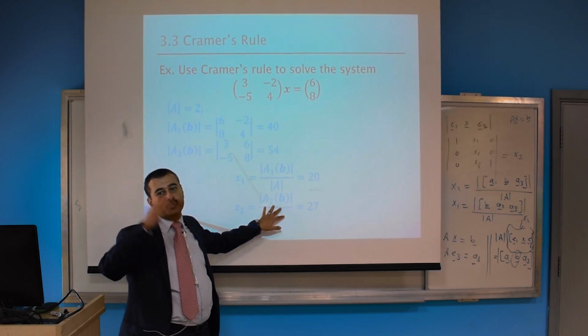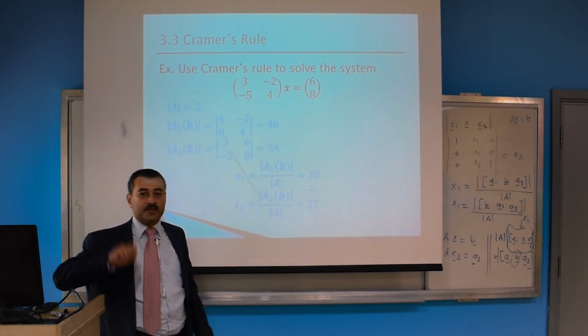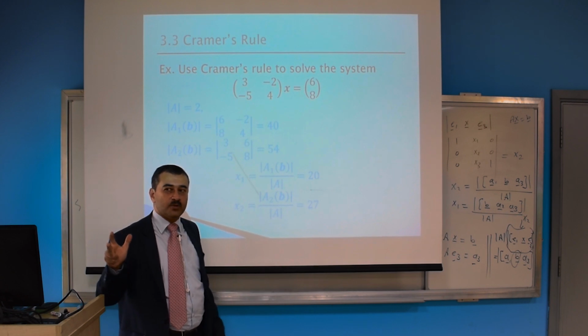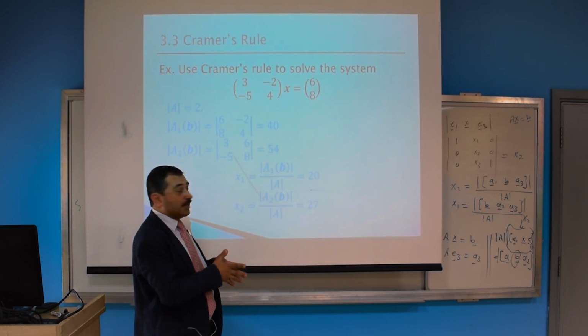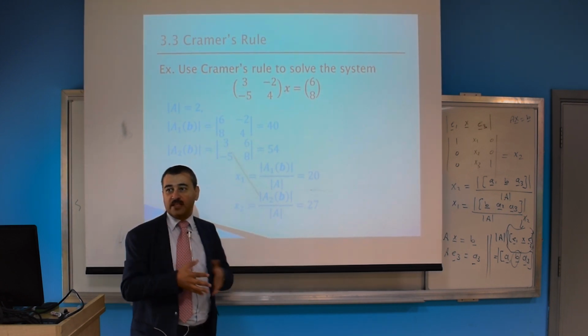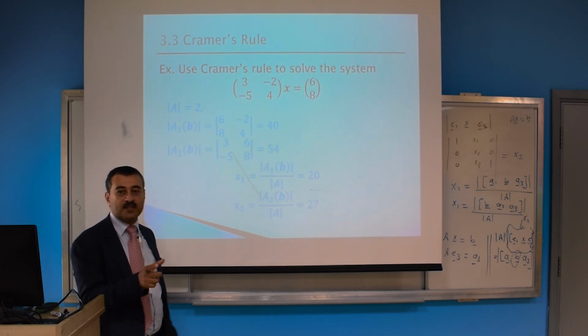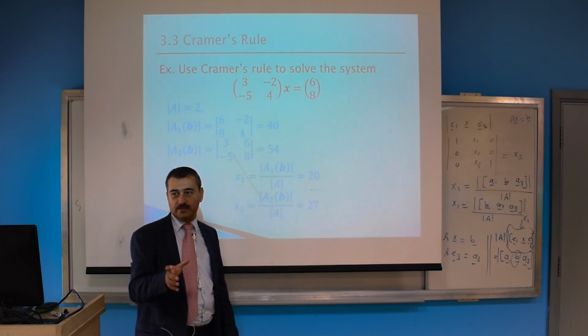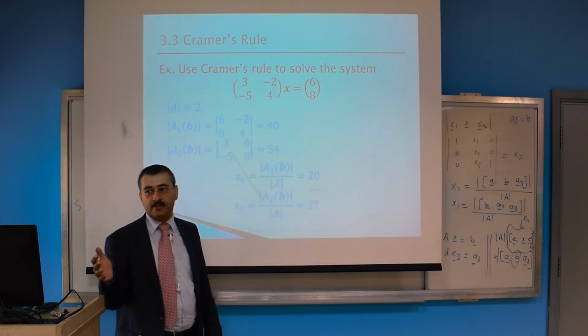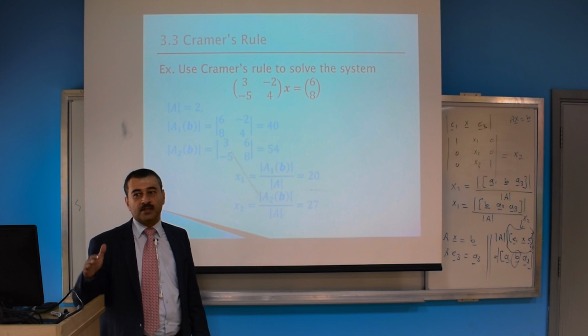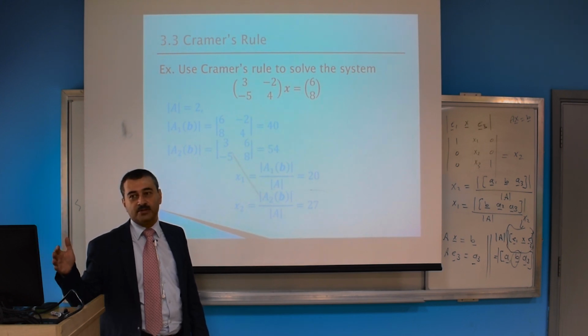The better way is to use reduction, as we said in the previous lecture, to find the determinant. So if you are going to do the reduction, then solve the system using reduction. So we use it for small systems, 2 by 2, 3 by 3. But for large systems, it's better to use Gauss elimination with back substitution.